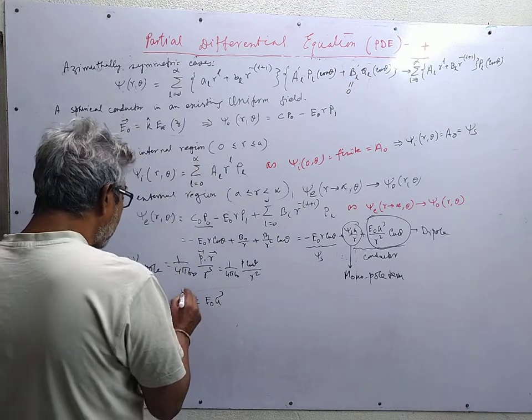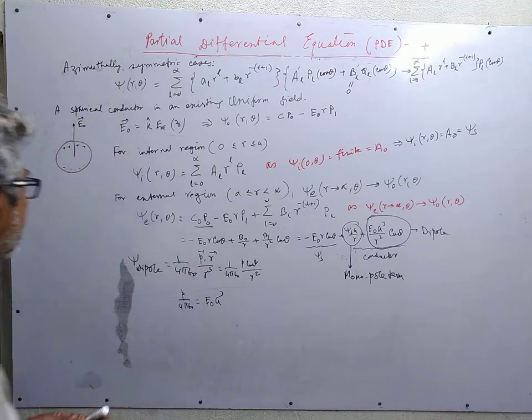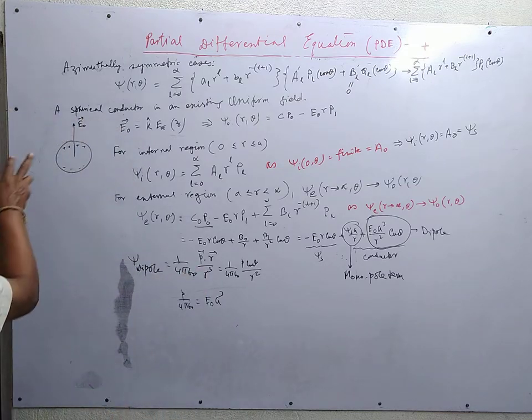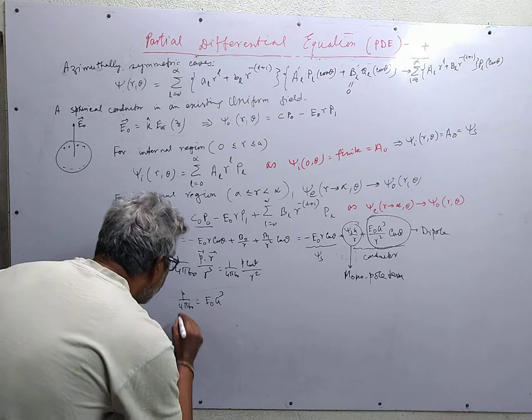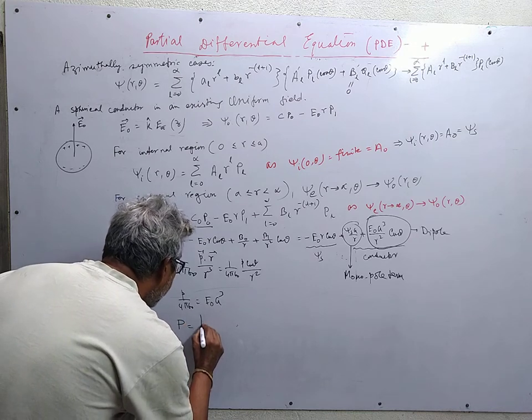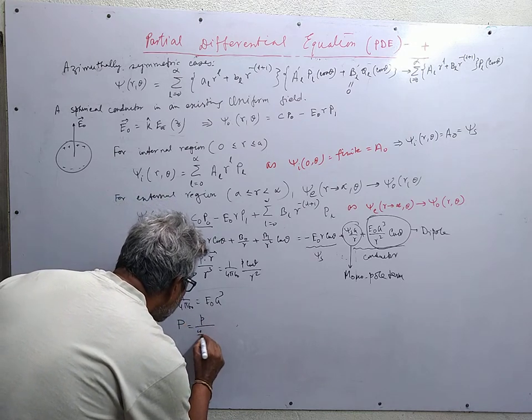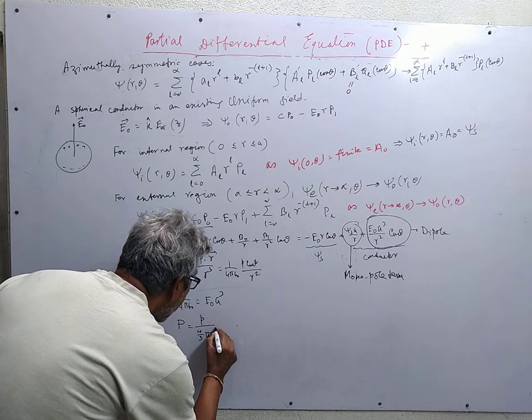So from this we can get the dipole moment of the conductor, and we can also get the polarization, which is the induced dipole moment per unit volume. The polarization will be P by 4/3 pi A cube.